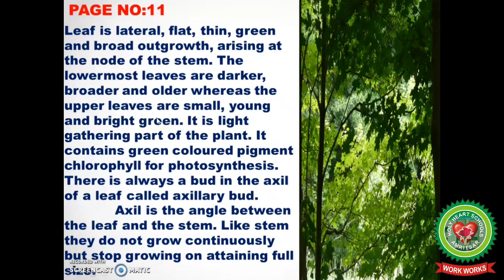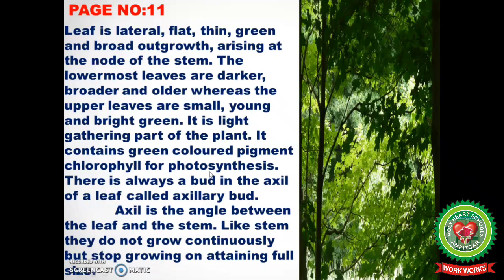Students, this is because leaves high in the tree canopy receive a great deal of sunlight, it is the light gathering part of the plant. It contains green colored pigment chlorophyll for photosynthesis.